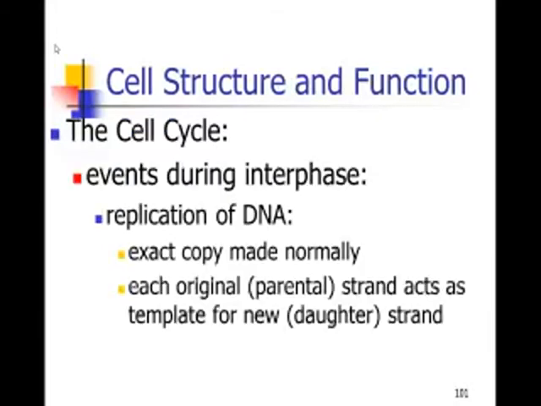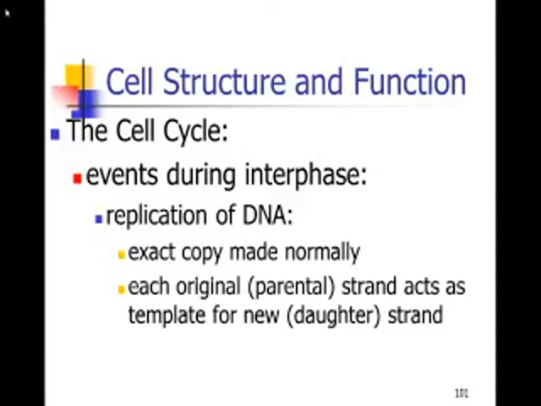And so now let's talk a little bit about the duplication or replication of the DNA. When the DNA in the chromatids is duplicated, it is essential that the DNA be made into an exact copy.